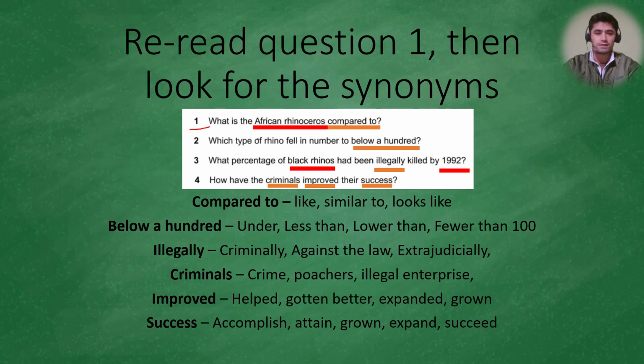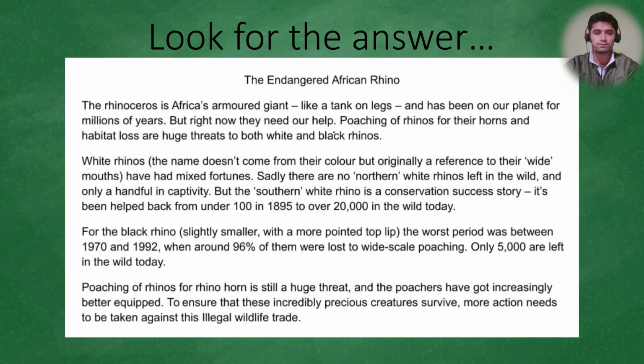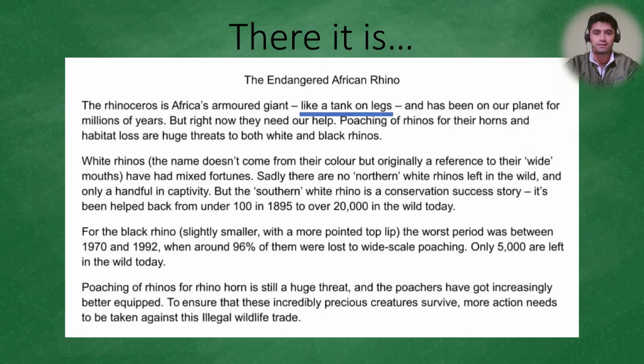Question number 1. What is the African rhinoceros compared to? If we check the first line of the text, it says the rhinoceros is Africa's armored giant, like a tank on legs, and has been on our planet for millions of years. Here, after the hyphen, you can feel the comparison. It says rhinoceros is Africa's armored giant.